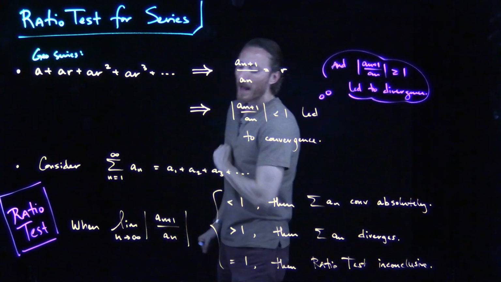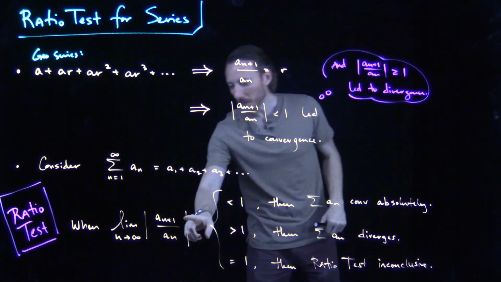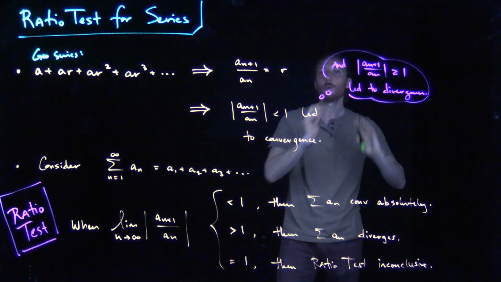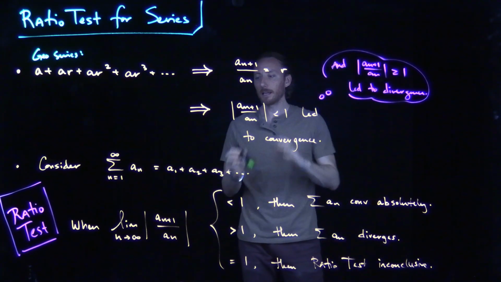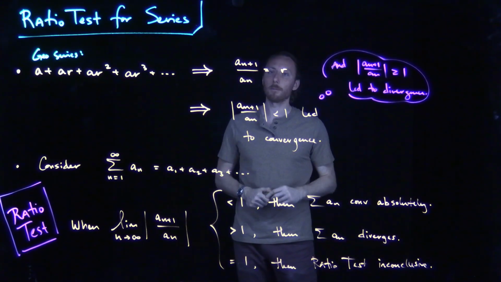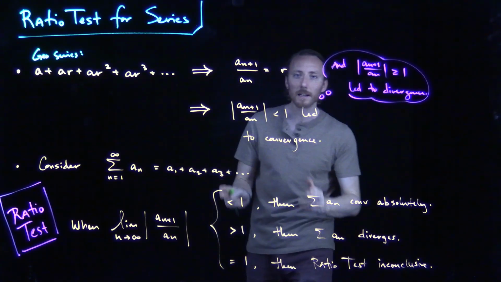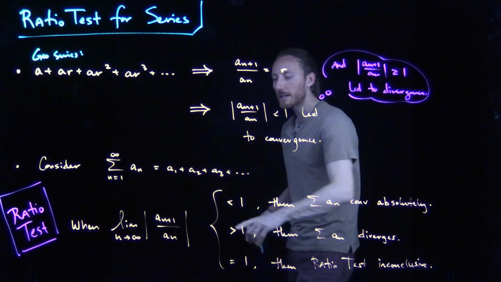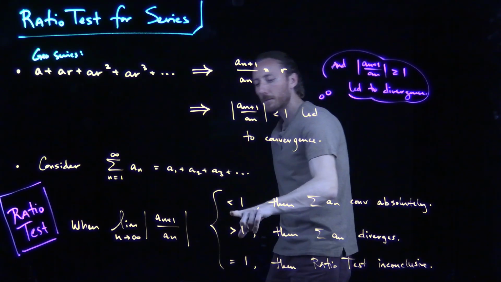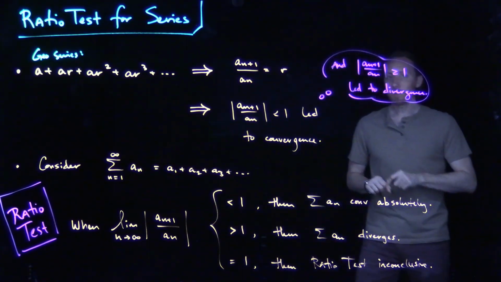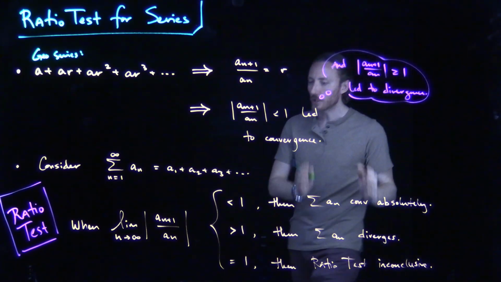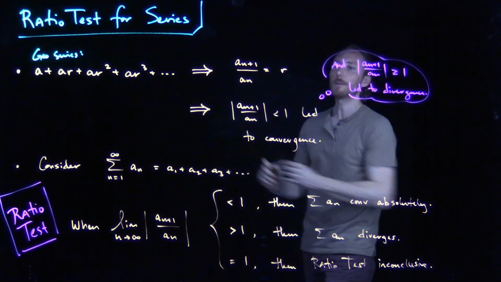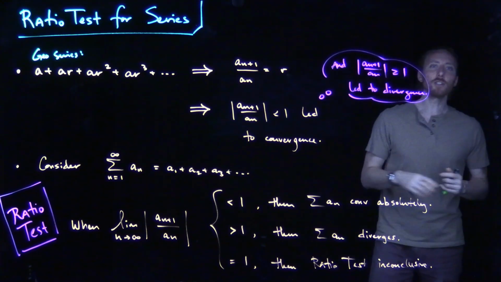So what if, as we get close to infinity, the ratio of subsequent terms was equal to some number in the limiting case, or was approaching some number? Well, then we are drawing a comparison to a geometric series. And depending upon what that number is, if that ratio of subsequent terms in absolute value has a limit that's less than 1, we are essentially drawing comparison to a geometric series with common ratio less than 1.